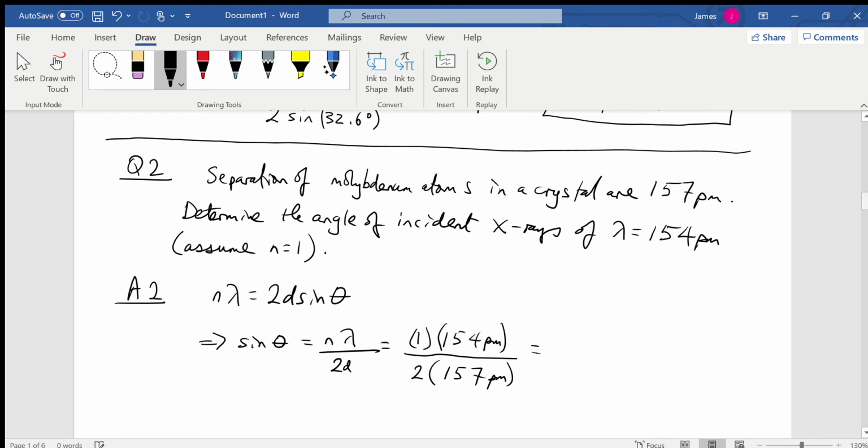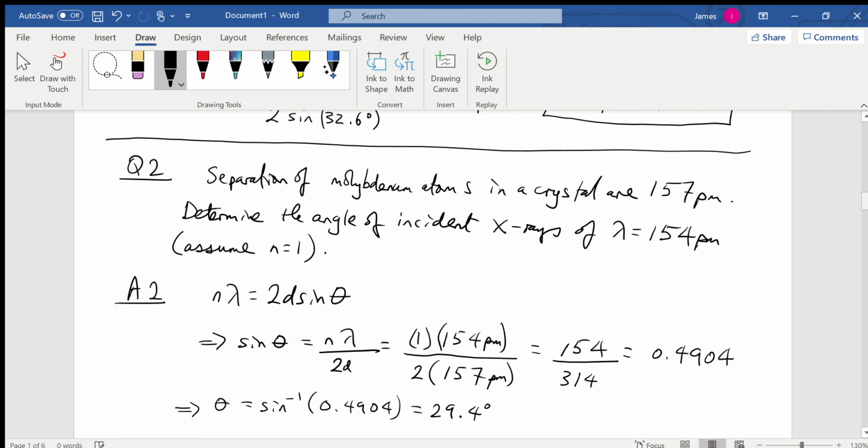So this is just 154, the units all cancel, divided by twice 157, which is 314, which is 0.4904. And that's sine theta, so theta is the inverse sine of 0.4904, and this is 29.4 degrees.